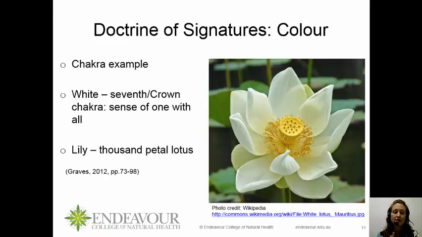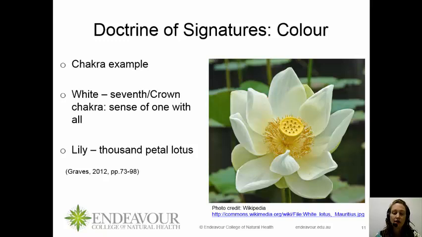This is another example, the other end of the spectrum, white, which is generally considered the 7th or crown chakra, the top chakra. And this is an all-pervading sense of connection with something bigger than yourself. So this is the connection with divine, or with light, or with God, or with that peaceful meditative state, samadhi, however you want to say it.